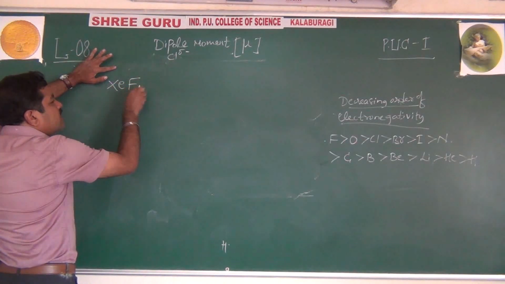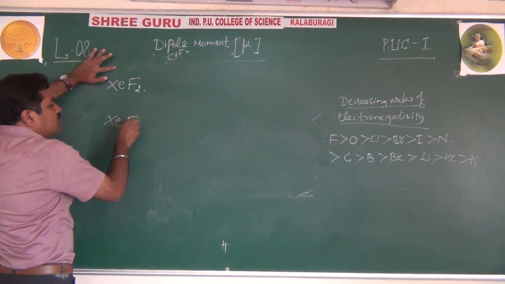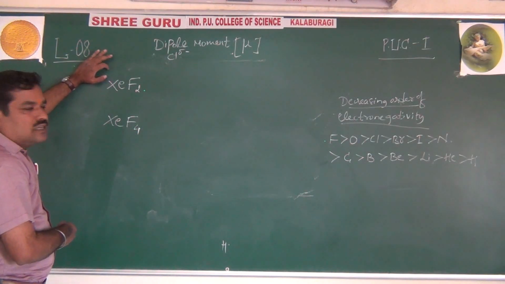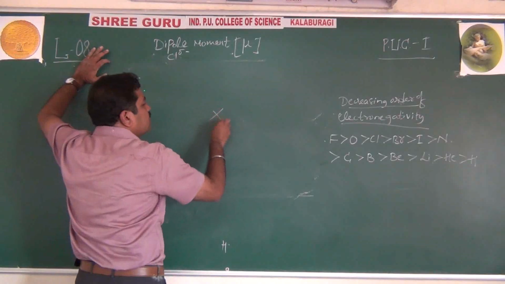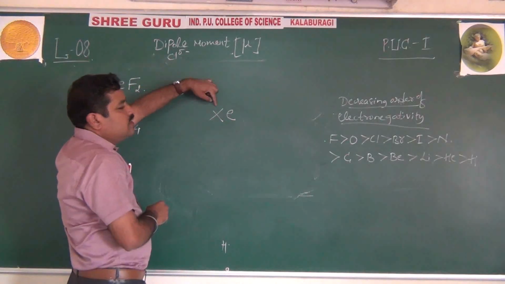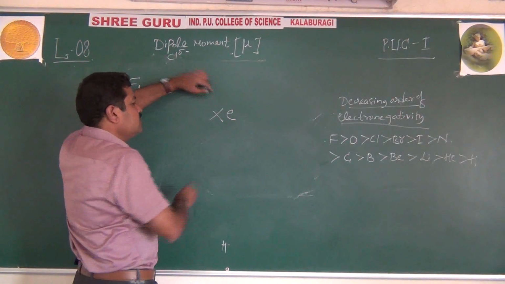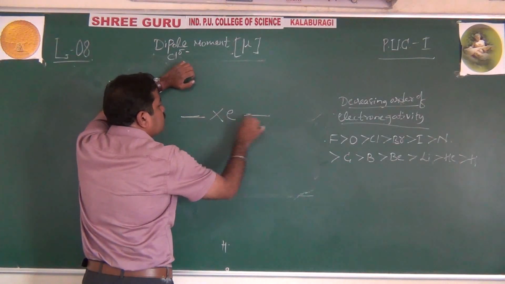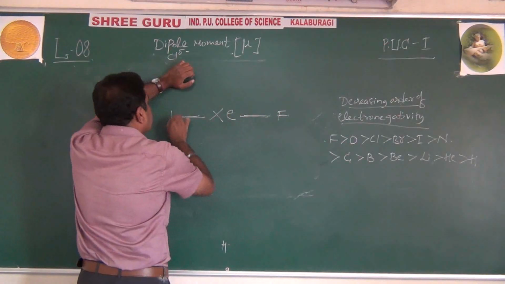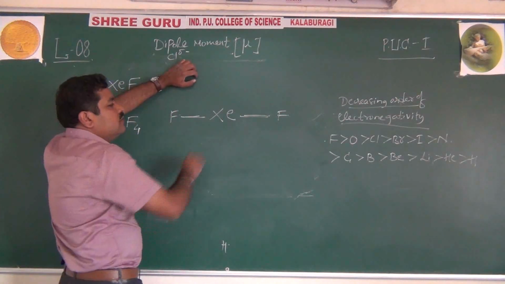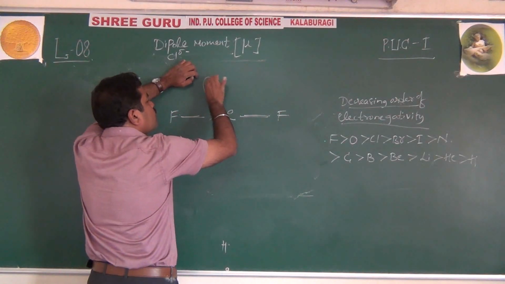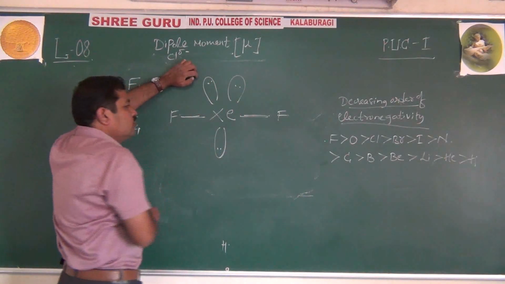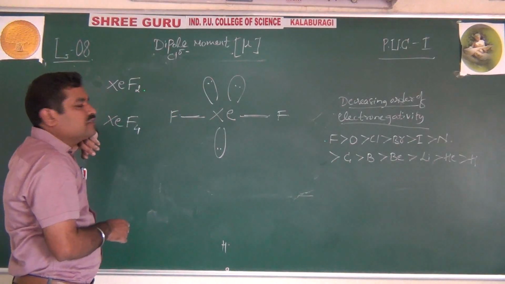Xenon difluoride and xenon tetrafluoride, whether they are polar or not. Let us see. Xenon difluoride: xenon has 8 electrons. It is a noble gas. Out of 8 electrons, it will share 2 electrons with the 2 fluorine atoms. The remaining it will have 2, 4 and 6, that's 3 lone pairs. This is the structure of xenon difluoride.